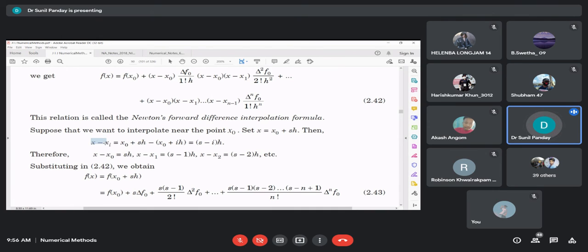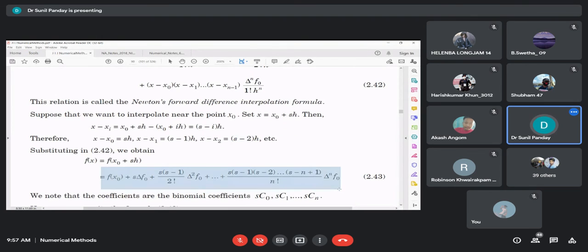So in general, x minus xi is s minus i into h. If instead of xi I put x naught, meaning 0, then x minus x naught is sh, x minus x1 is s minus 1 into h, and x minus x2 is s minus 2 into h. So wherever I have x minus x naught, x minus x1, these kinds of terms, I replace them by sh, s minus 1 into h, s minus 2 into h, and so on. So I am getting this formula.